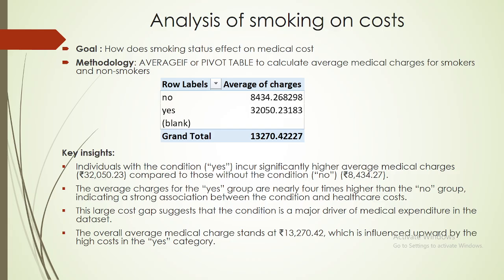Then the task is to analyze smoking status and the cost, that is, whether the individual is a smoker, what is the average medical charge, and if he or she is a non-smoker, what may be the medical charges. We will analyze that here by using a pivot table. Here we could observe a huge difference in medical cost between smokers and non-smokers.